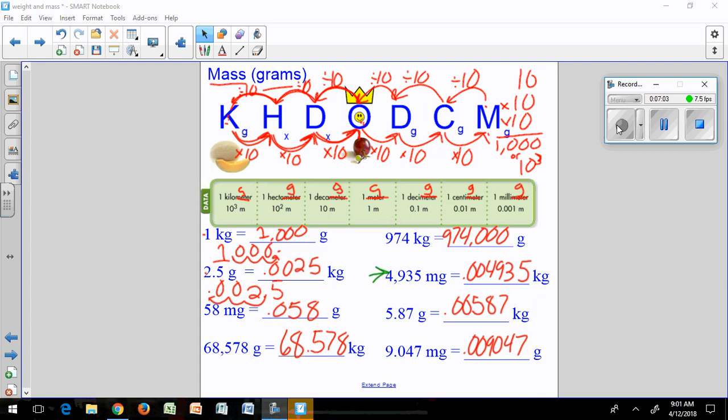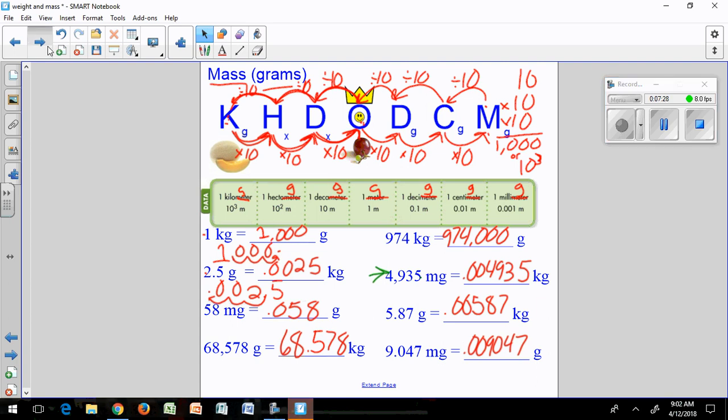So going to kilograms, there are 1 million milligrams in a kilogram. So it's going to be a really small number if we don't even have 5,000. So we had to move that decimal point from right here behind the 5, 6 places to the left. 6 places to the left it had to go.